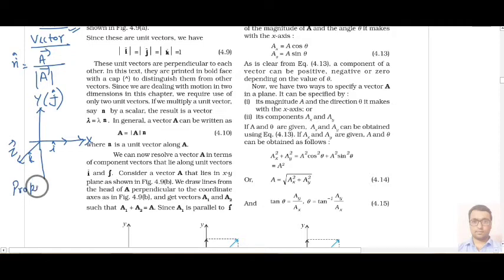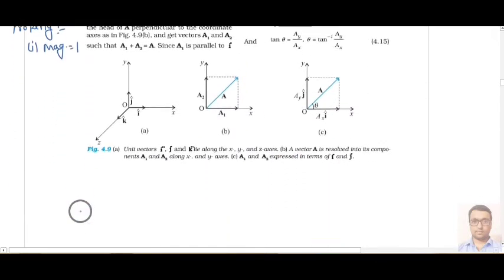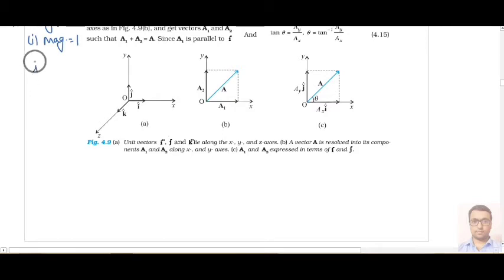The property of a unit vector is that a unit vector has magnitude of 1. I mean to say, if you ask what is the magnitude of unit vector i, then it will be 1. Similarly, magnitude of unit vector j is also 1 and k is also equal to 1.